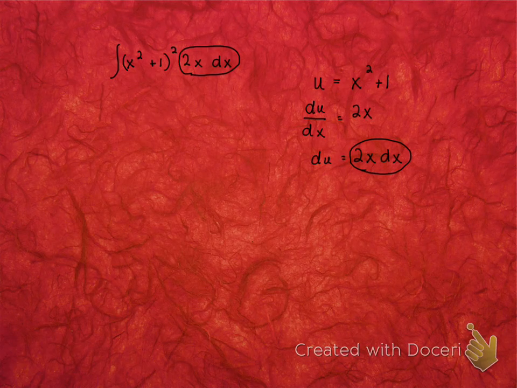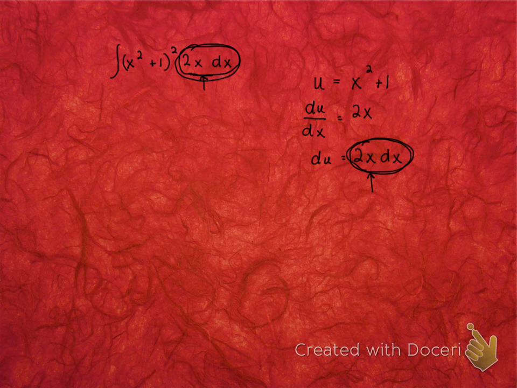But for right now, the 2x dx in the problem matches the du. In other words, you'll hear me say the phrase, the dx's match, okay? This right here is identical to that right there.